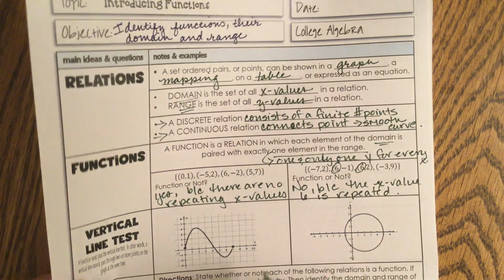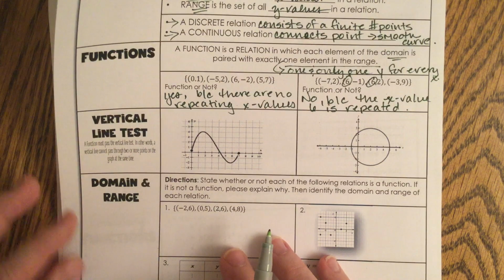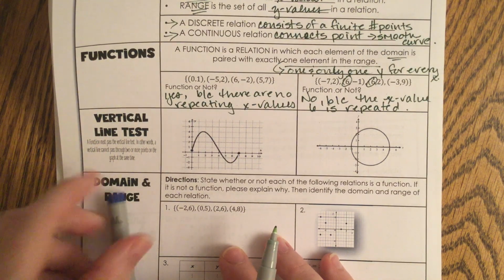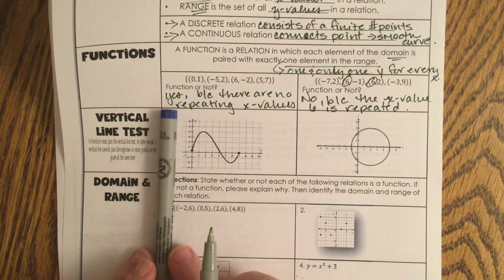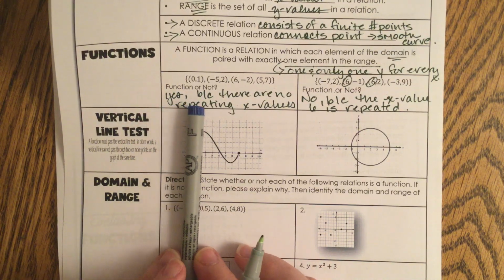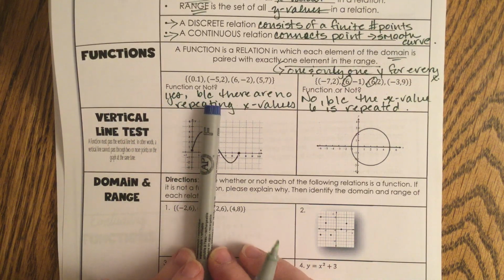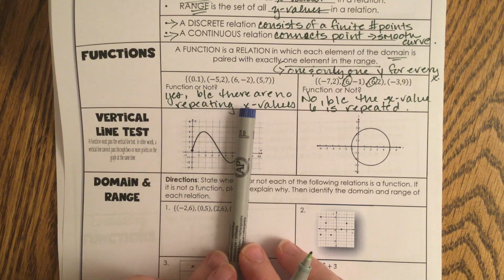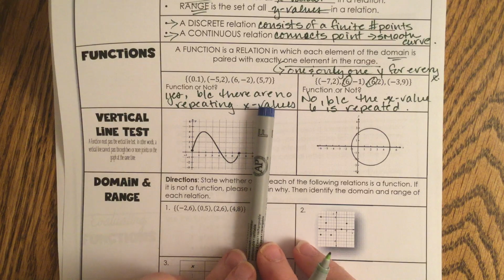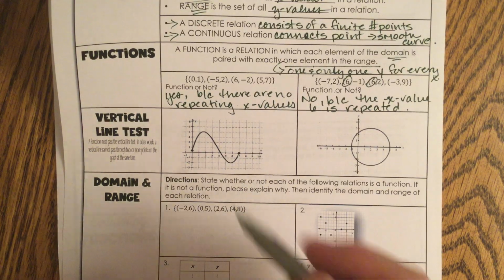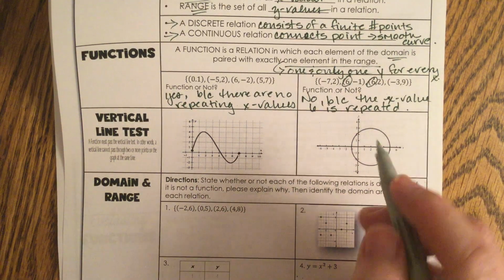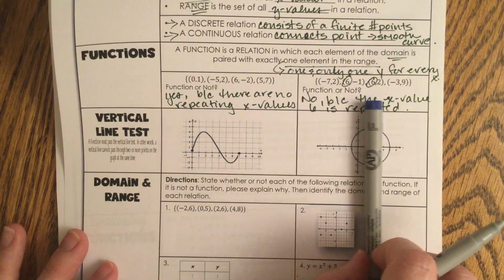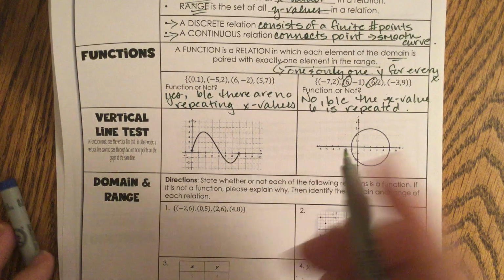Another way of determining whether or not a relation is a function is by using the vertical line test. If, as I pass a vertical line over the graph, the vertical line touches two or more points at the same time, such as in this second one, where it touches 2 points at the same time, then it's not a function.